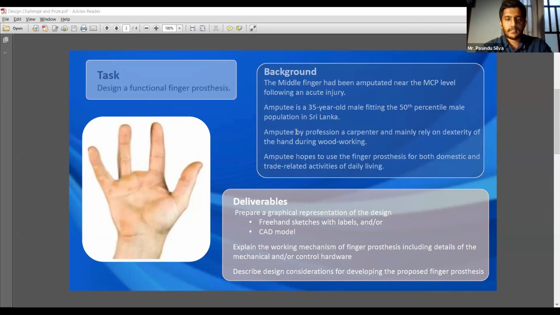So the deliverables or the core of your challenge would be to prepare graphical representation of the design through freehand sketches with labels or CAD models. And you will have to explain the working mechanism of the finger prosthesis, including the details of the mechanical and the controlling hardware, and describe the considerations for developing the proposed finger prosthesis.